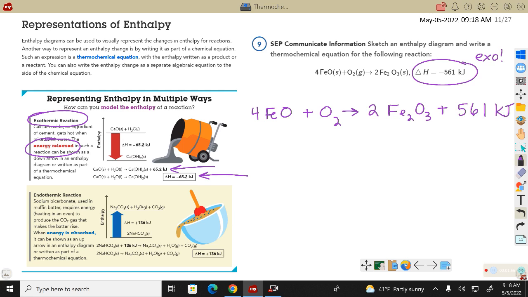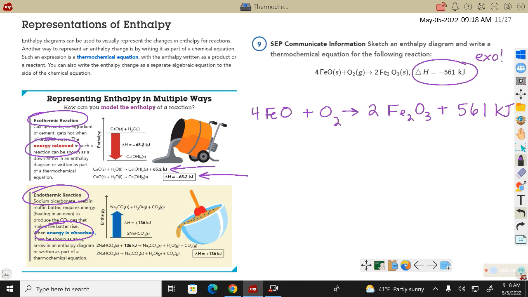If I see delta H equals and it's negative, they're telling me that it's energy released. If we write it as part of the reaction, energy released would show up as a product. It's energy produced. Now you could also have an endothermic reaction. For an endothermic reaction, energy is absorbed.